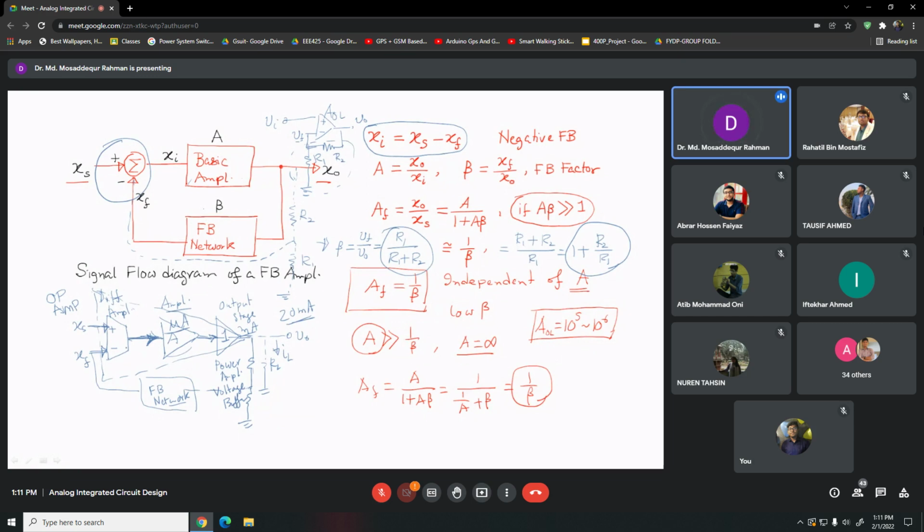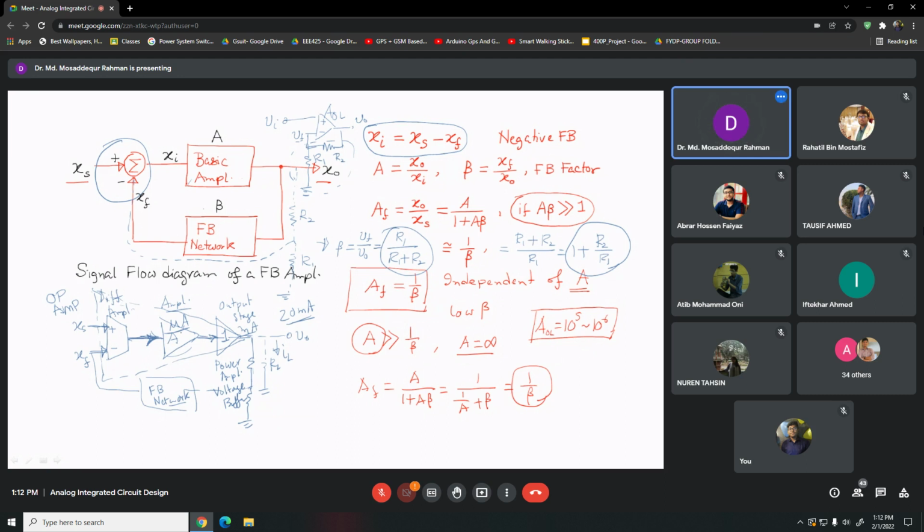We'll see how we can construct and design this difference amplifier circuit. Then we have a multi-stage amplifier, or an amplifier with some active load, to have very high gain. And then we add the voltage buffer, all these circuits integrated on one single chip. We call it op-amp.